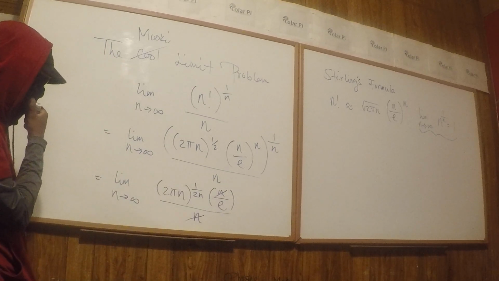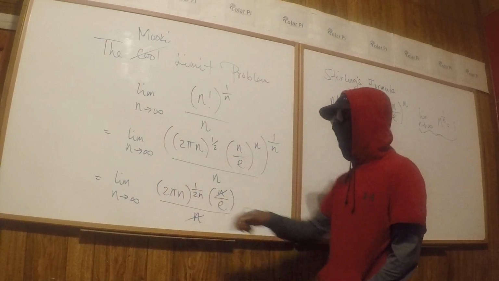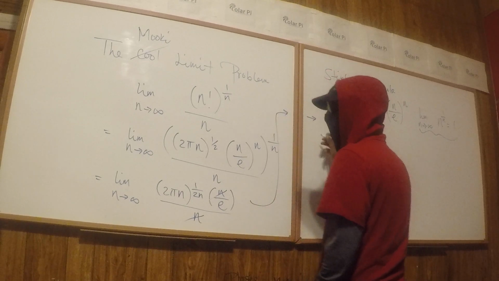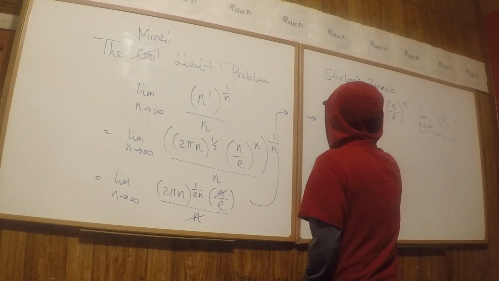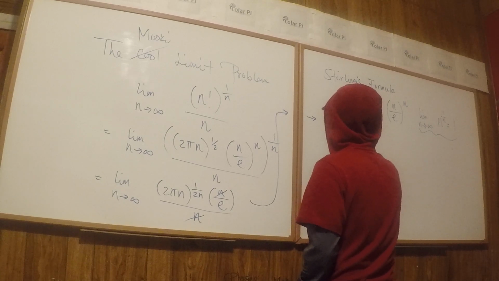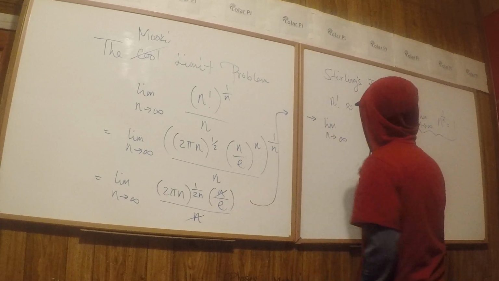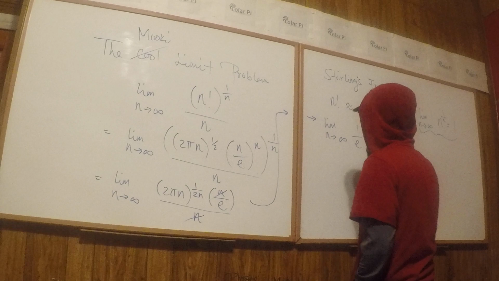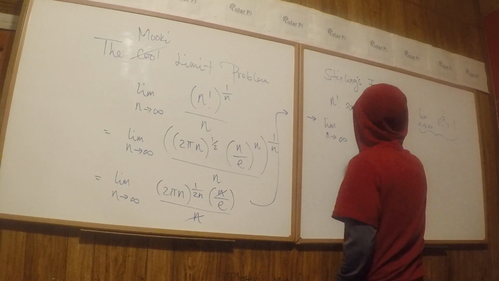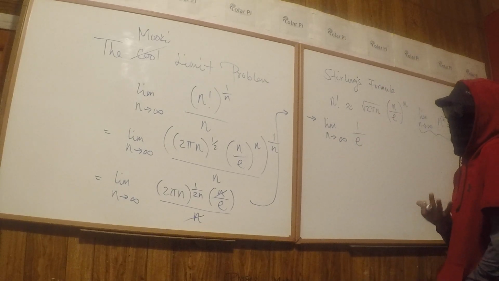We have a product here between 2 pi and n, so from here we could go to the limit as n goes to infinity. I'm taking more steps than I need to, but whatever. So 1 over e, that's a constant now. Good penmanship is important, at least to me.